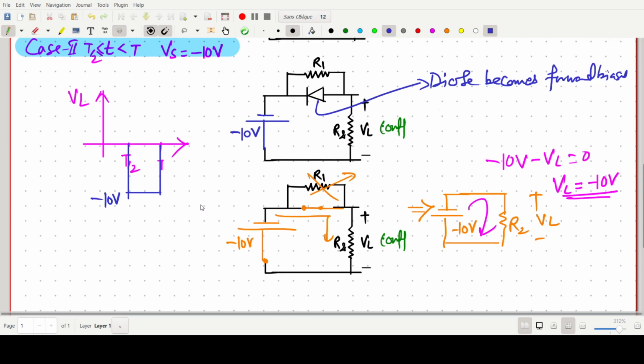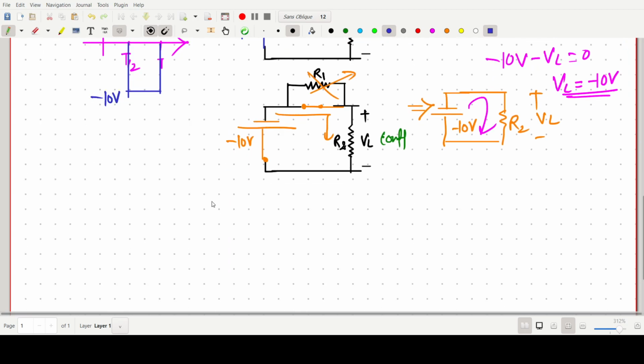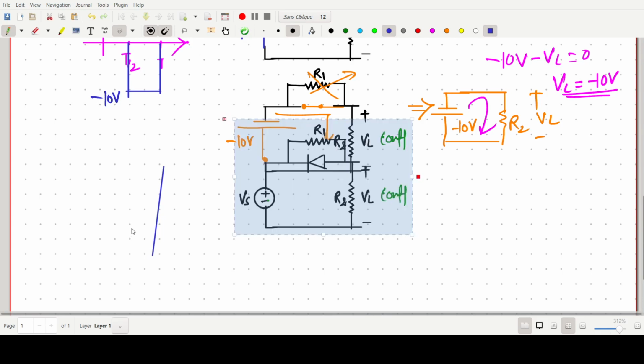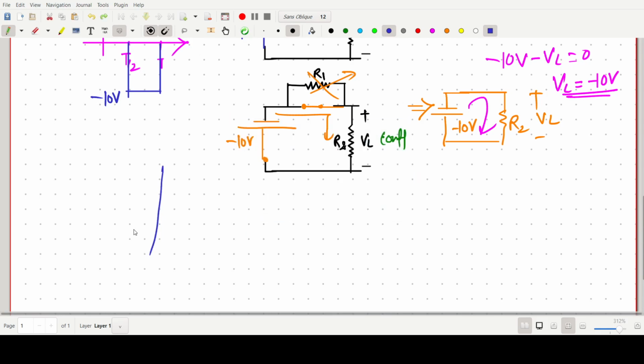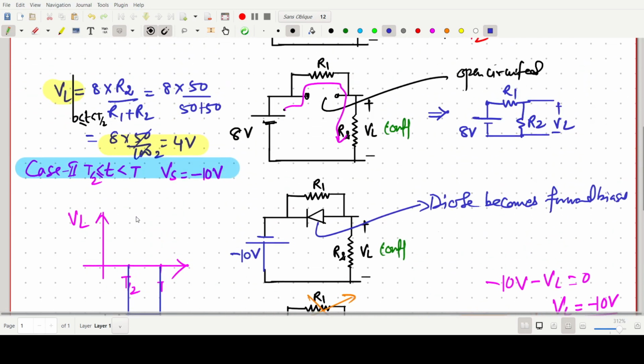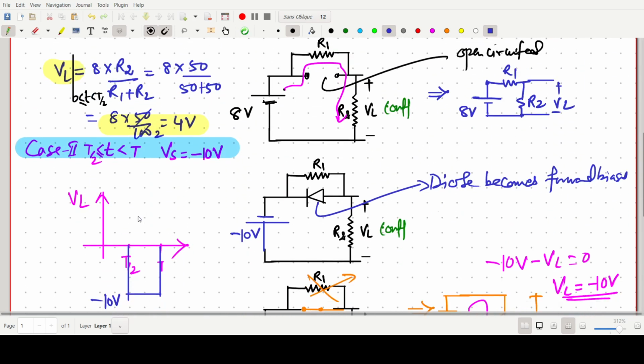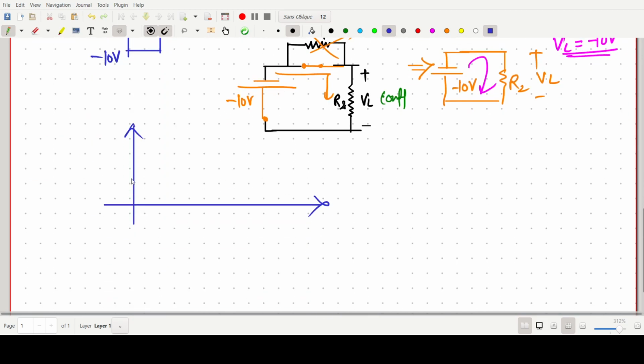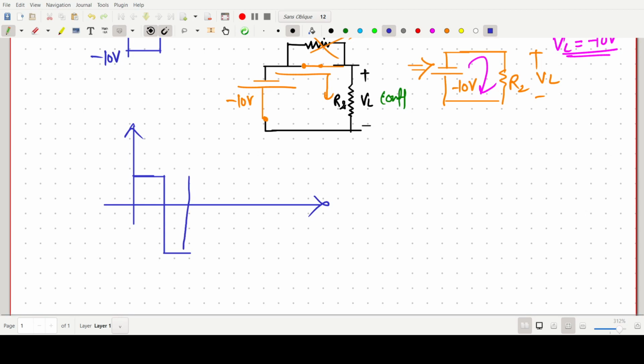So if we club both the outputs, the overall output response for that circuit will be very simple. You just see, for 0 to T by 2, it should be 4 volt, and for the next half should be minus 10 volt.